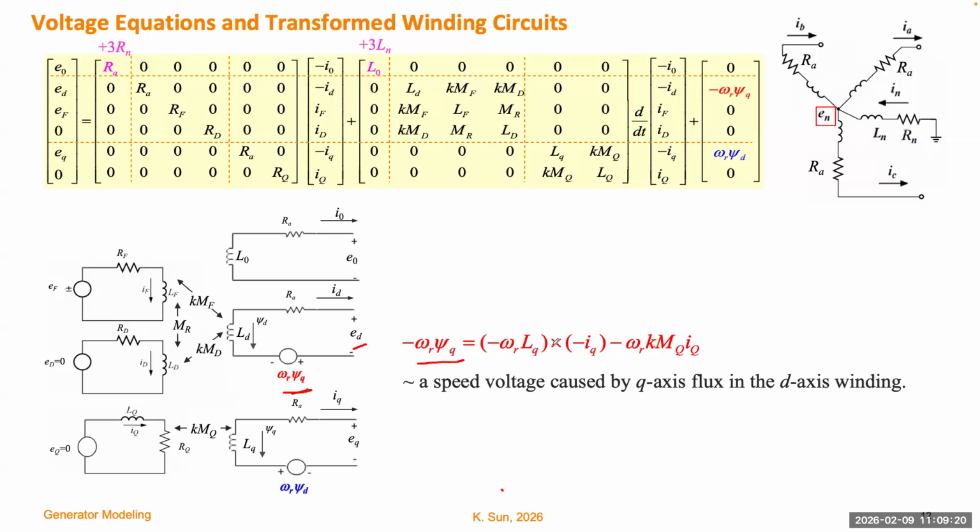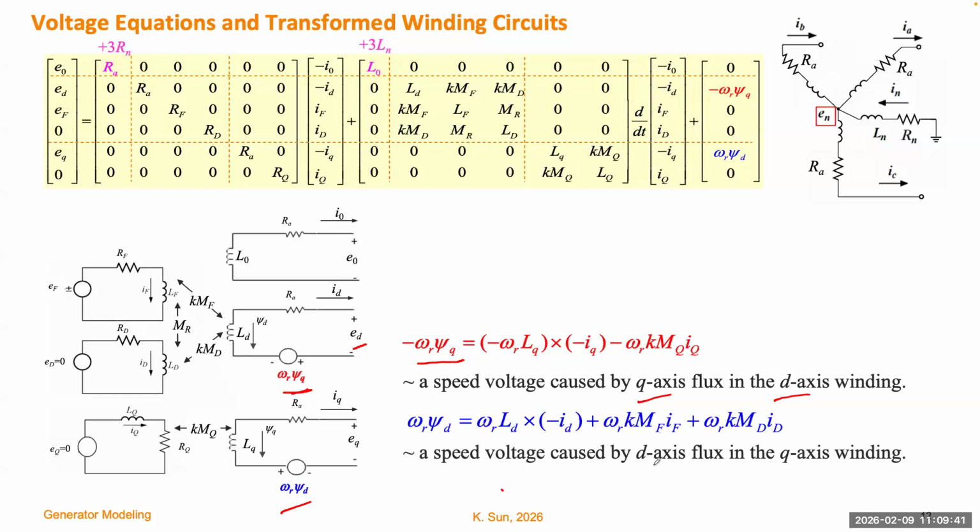Because of the flux linkage in the Q axis, and also the rotor revolving at omega r, this results in a voltage added not to Q, but to D. Similarly, the other one, omega r multiplied by psi D, is a voltage caused by D axis flux linkage, but in the Q axis winding.